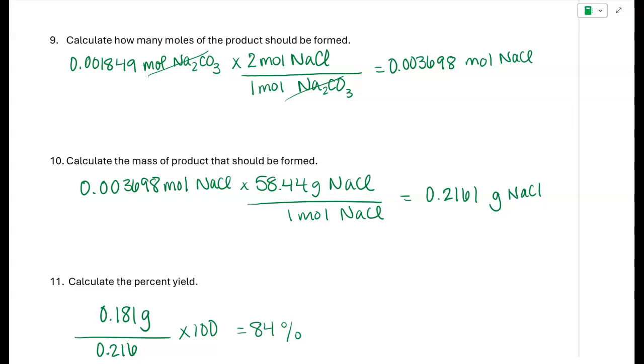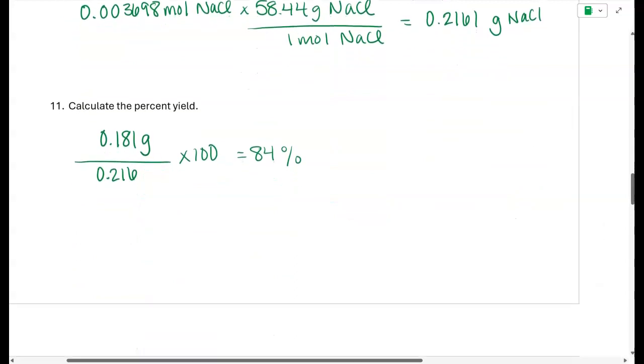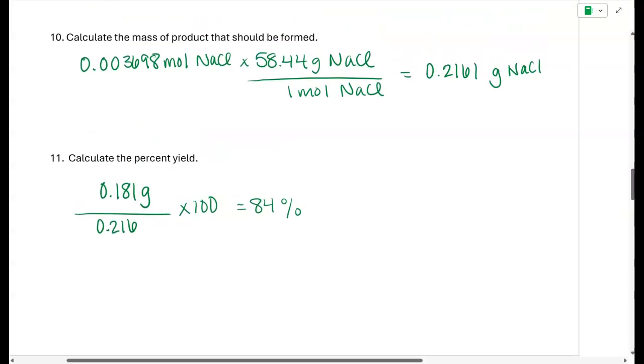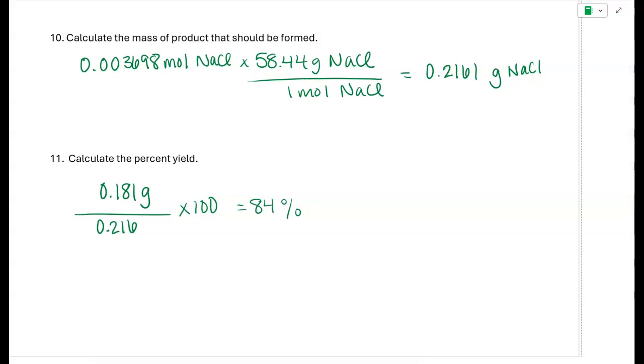And then much like we did before, we take our actual yield and we divide it by our theoretical yield. So in this case, unlike in our last one, we actually got less product than we expected. So we only got 0.181 grams out instead of the 0.216 that we expected. And so our yield is about 84% or 85%.